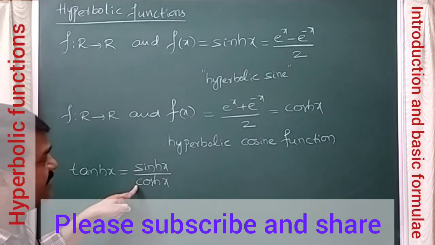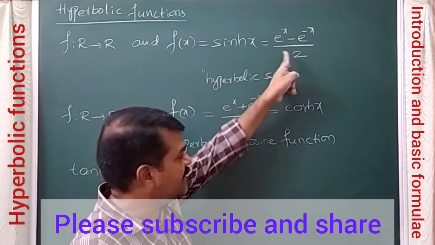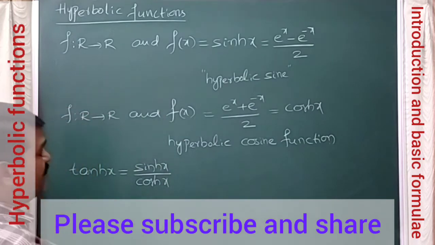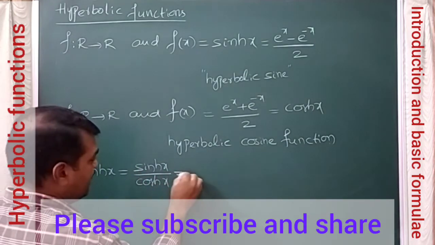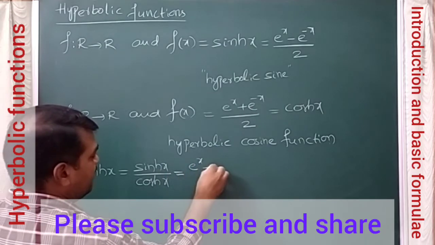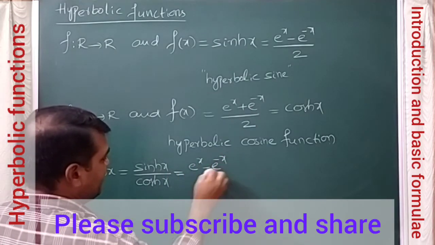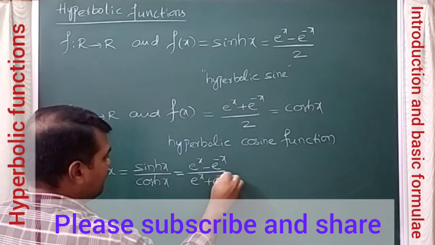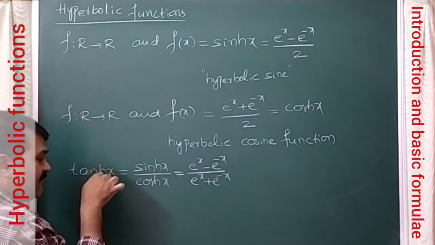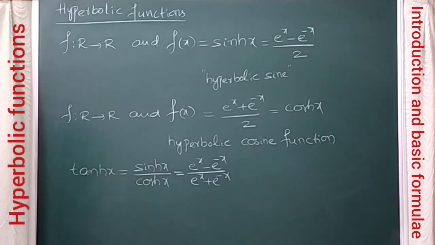We have already written the formulas for sine hx and cos hx, so when we substitute them here, we get e power x minus e power minus x by e power x plus e power minus x. This is the formula for tan hx, the hyperbolic tan function.